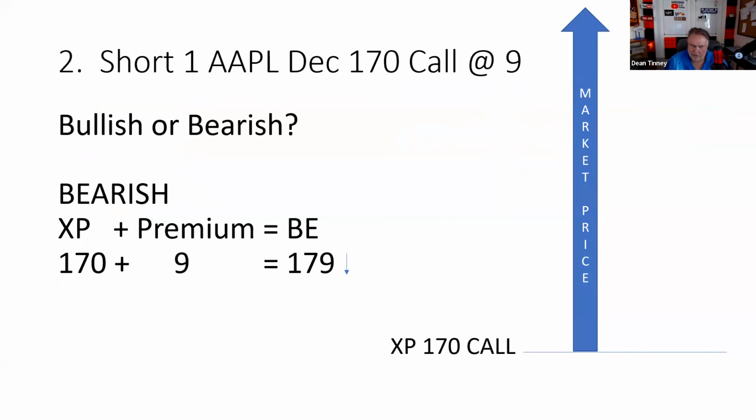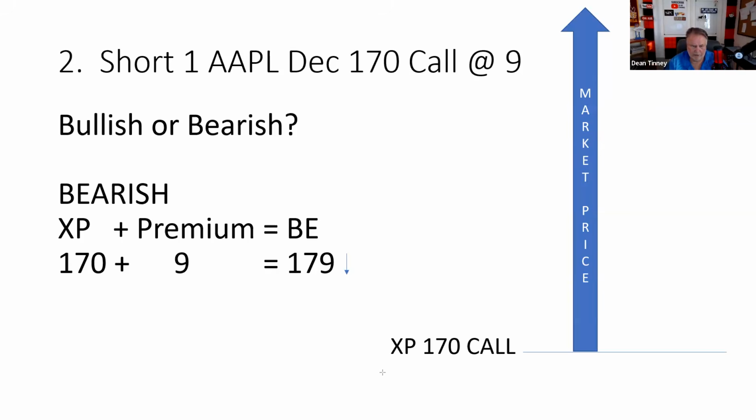It's a very volatile stock. If Apple has a beta of 2, that means it's twice as volatile as the underlying market. Either we like volatility or we do not like volatility. Here, we do not like volatility, because it's either your friend or your enemy. Here, it's our enemy.